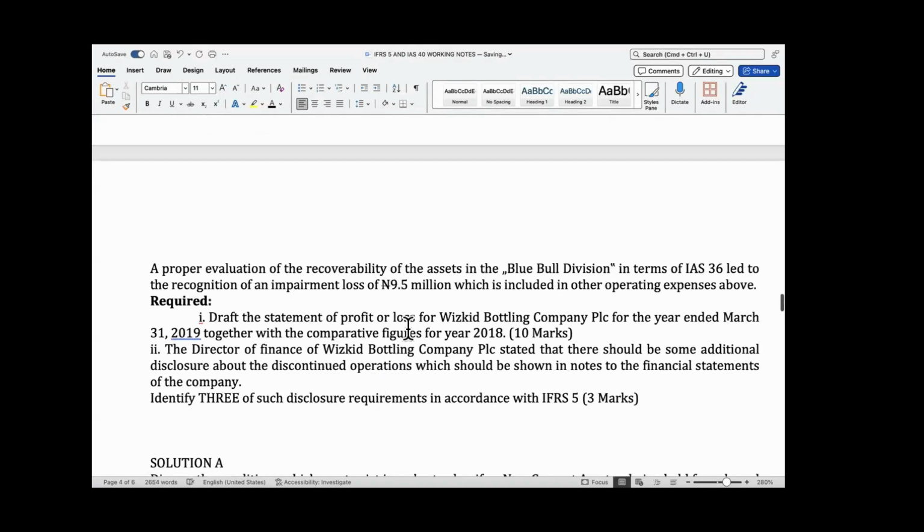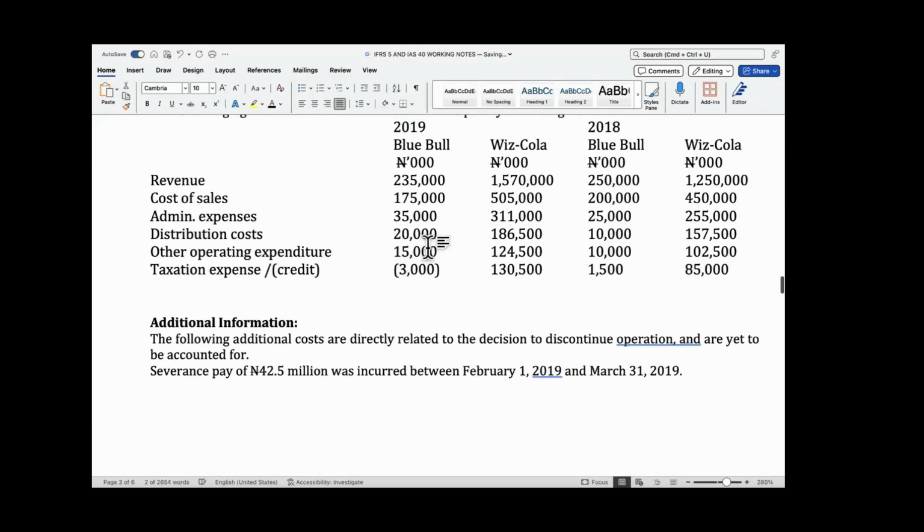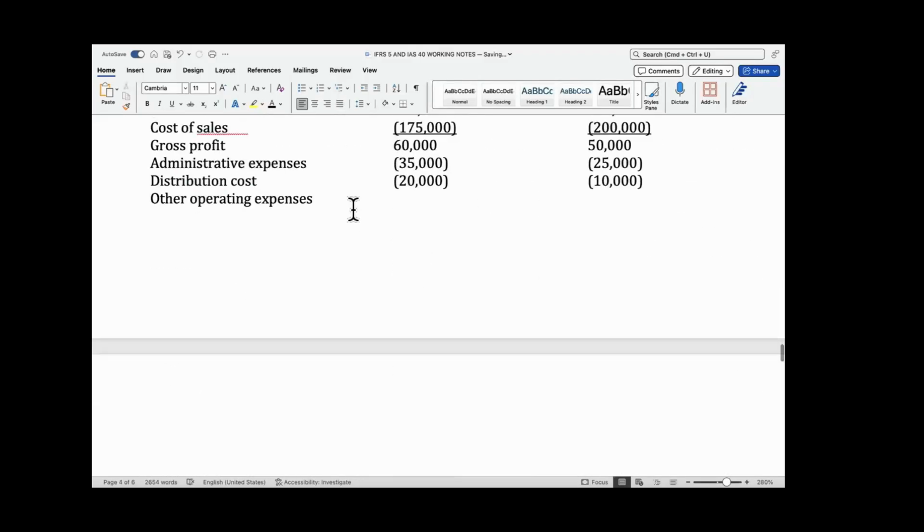Then my other operating expense. They already included this impairment loss of 9.5 in this 15,000. So it's advisable that you separate that. Let me do 15,000 minus 9.5. That will remain 5.5.